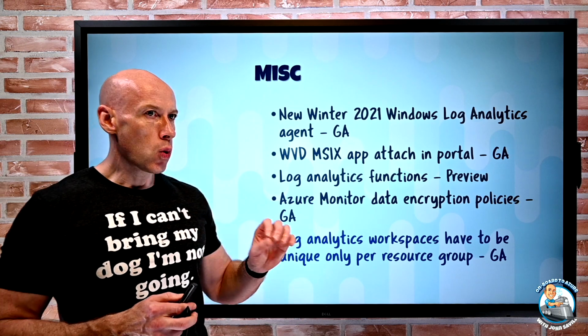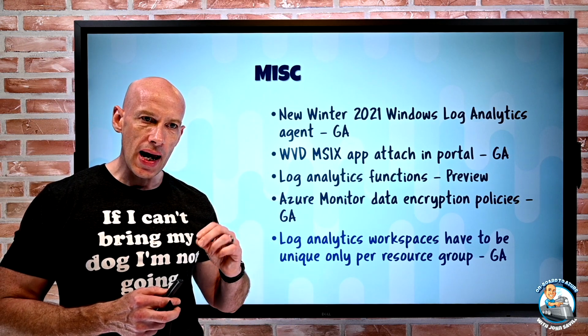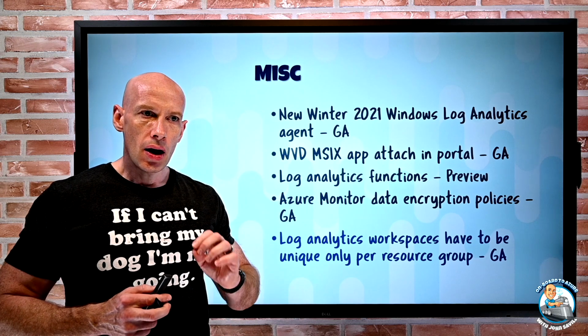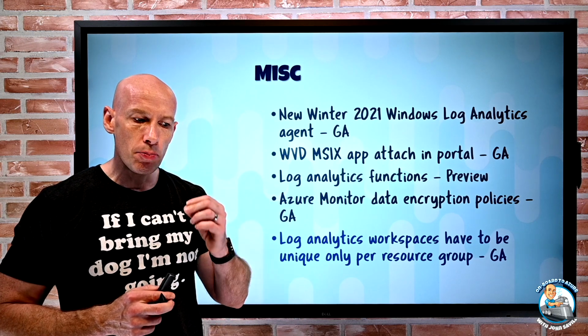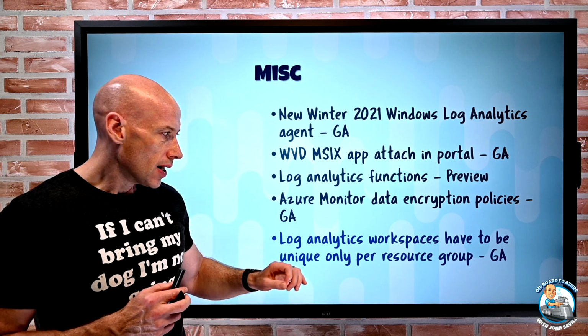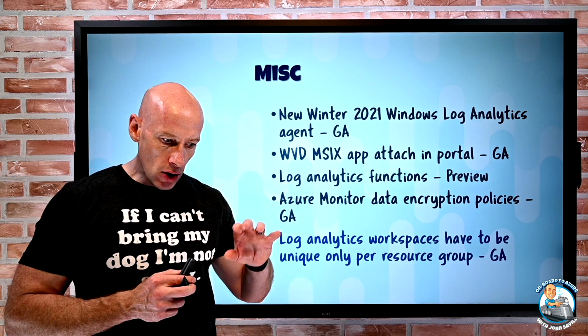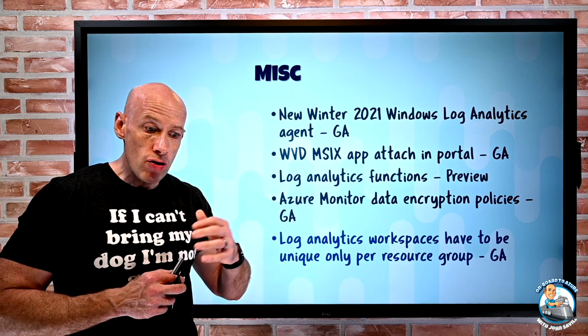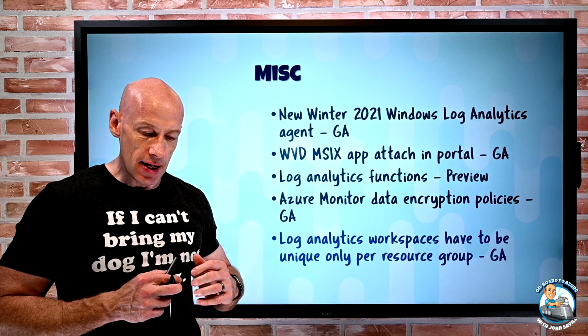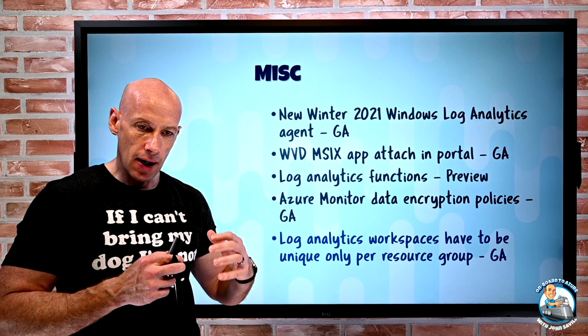And then Log Analytics workspace names no longer have to be globally unique. They've made a change on the back end for how this works. They now just have to be unique per resource group. Now, there is still the workspace ID, the resource ID, and the fully qualified name.